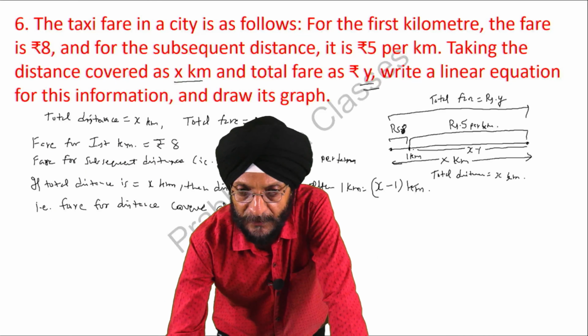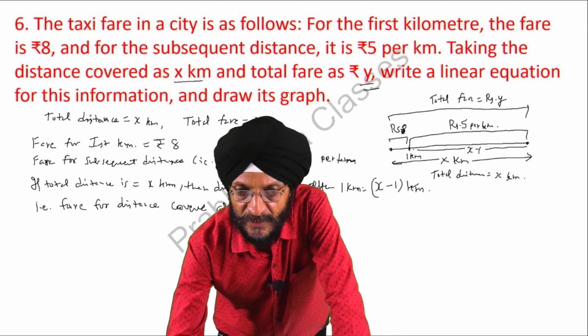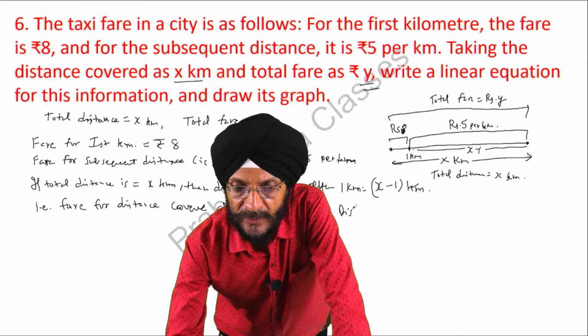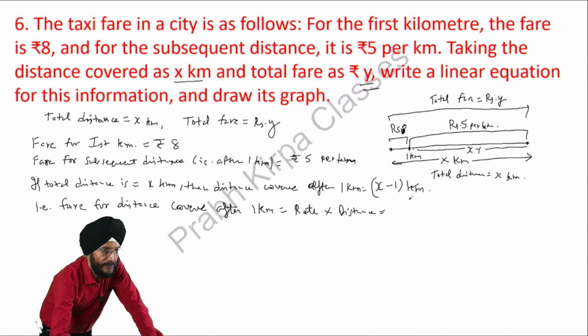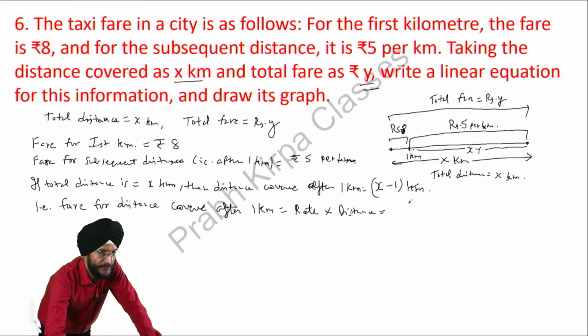The fare charge will be the rate into distance traveled. What is the rate after 1 kilometer? It is 5. And what is the distance after 1 kilometer? It is x minus 1. Now it will be 5x minus 5.